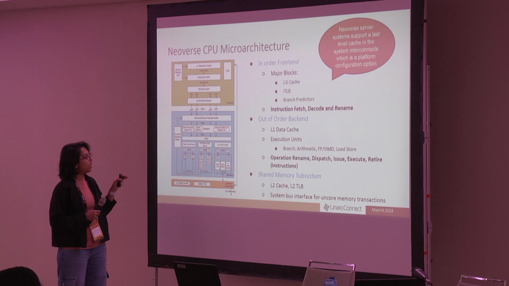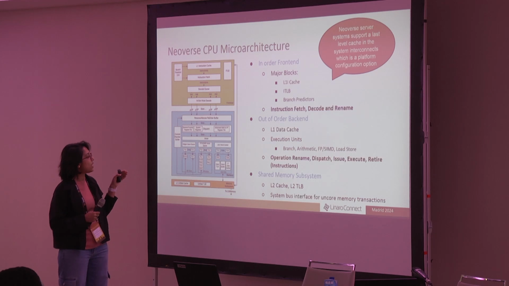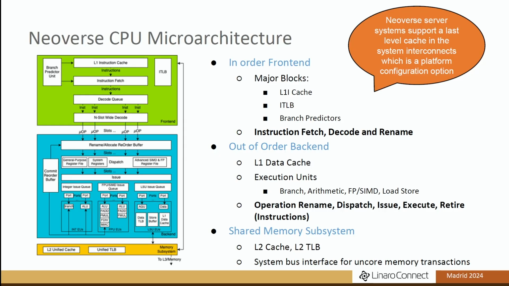So that's the high-level breakdown. Both the data and instruction sides have level 1 caches that are dedicated for data and instruction, but then they share the memory subsystem, where we also have the L2 unified cache and the TLB shared between instructions and data. Then that shares the rest of the memory subsystem, where you could have a cache inside your interconnects, or the DRAM.